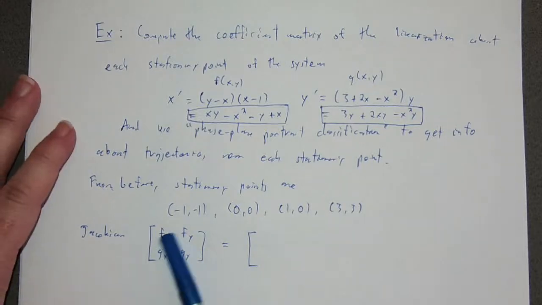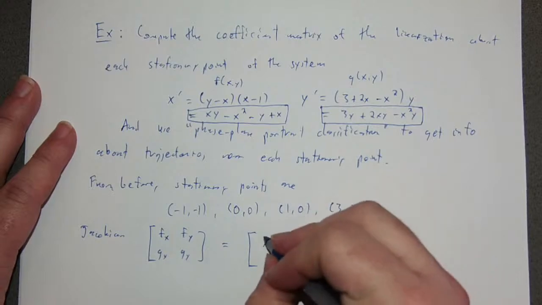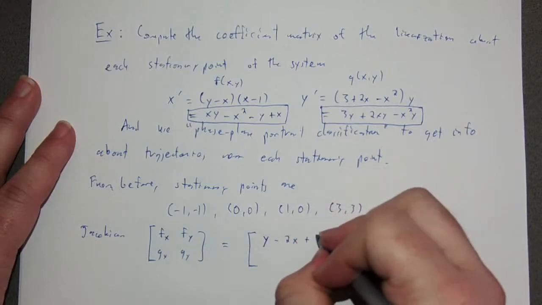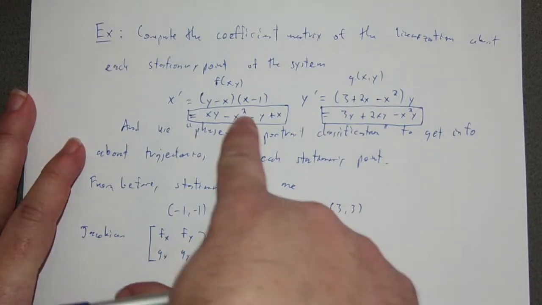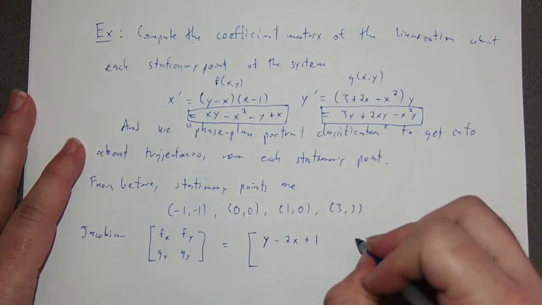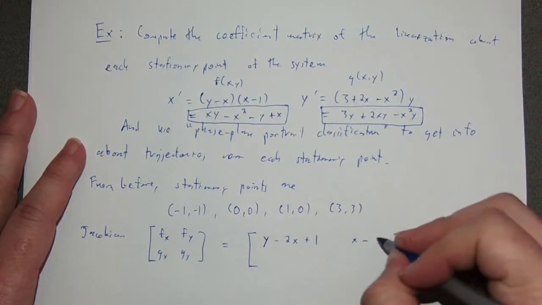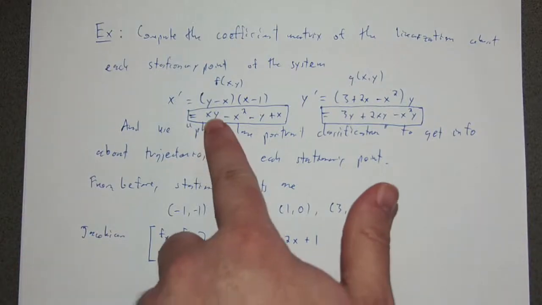So what's the x partial of f? This would be y minus 2x plus 1. The y partial of f is going to be x minus 1. That's the y partial of this thing.